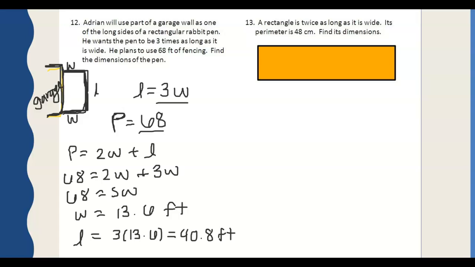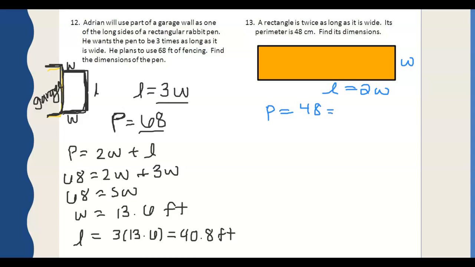Okay, and 13, it says a rectangle is twice as long as it is wide. So here's your width, here's your length. The length needs to be double the width. So L is equal to 2W. Its perimeter is 48.